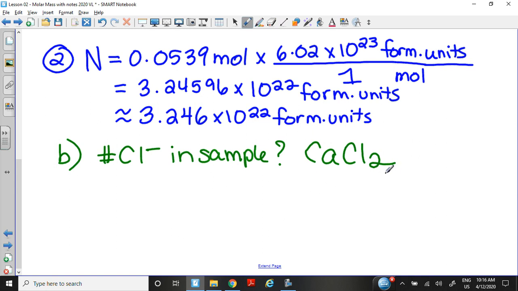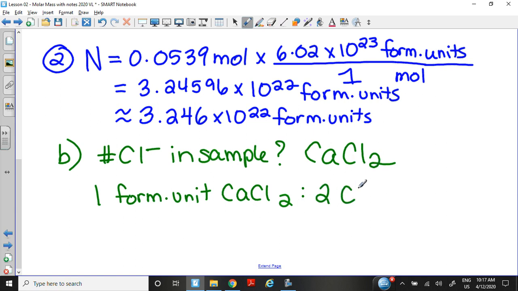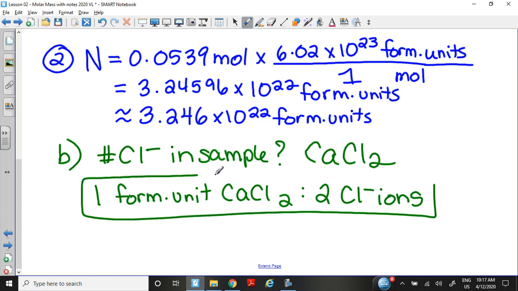For every 1 calcium chloride, so for every 1 formula unit of calcium chloride, how many chloride ions do we have? If you look in the formula, you can see there's Cl2. That means there are 2 chloride ions in there. For 1 calcium chloride, we have 2 chloride ions. This is going to be our conversion factor.